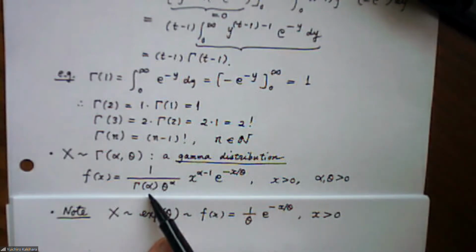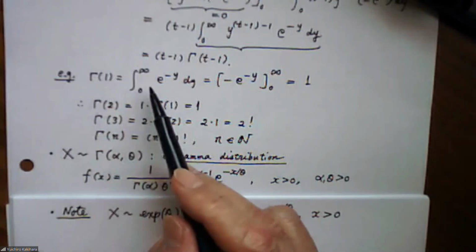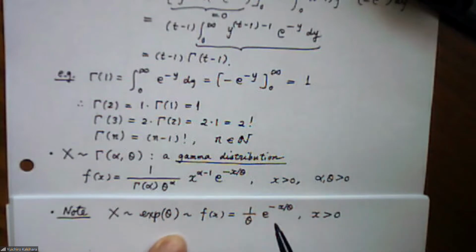What is 1? Gamma of 1. Gamma of 1 is 1. So we can rewrite this as 1 over gamma of 1, and then theta to the 1, and then x to the 1 minus 1, and then e to the negative x over theta. Do you agree?